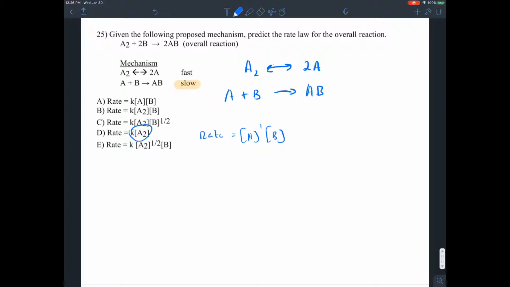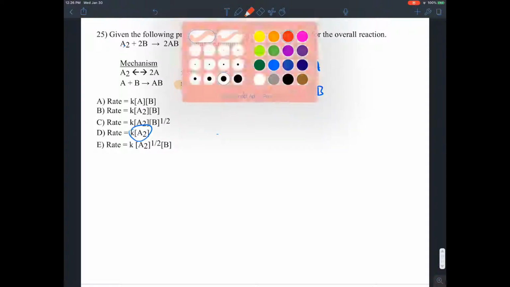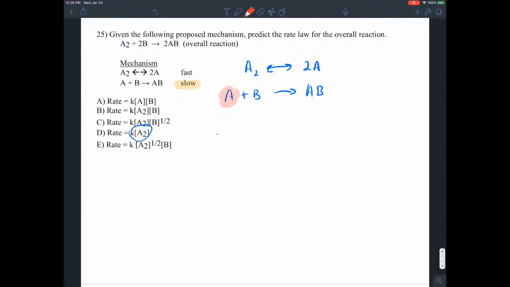However, that does not agree with our overall equation because our overall reaction does not have any standalone A's in it. So my mechanism cannot rely on this intermediate that we see here, meaning that this guy right here is messing everything up, this A.